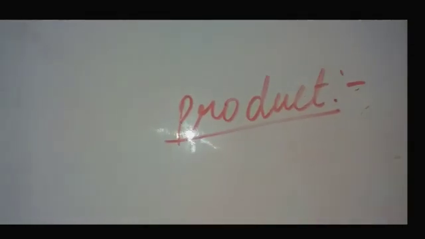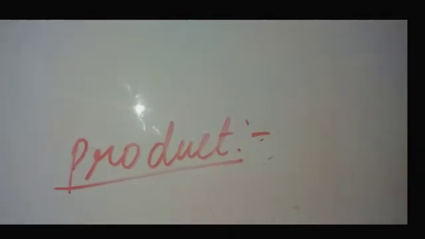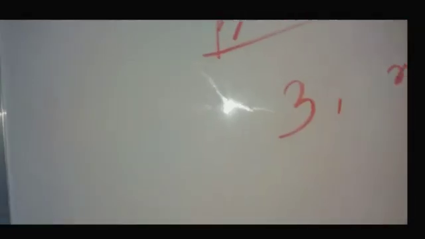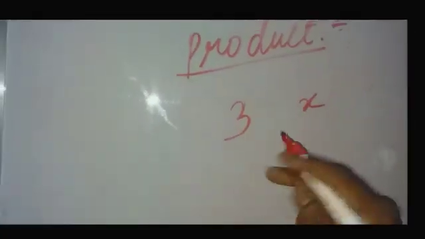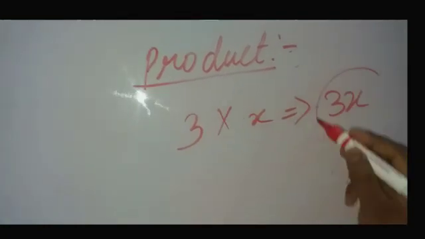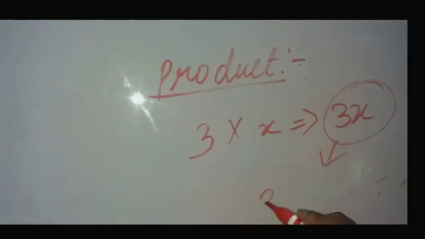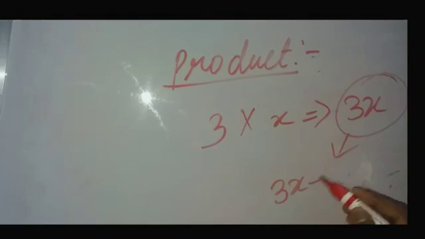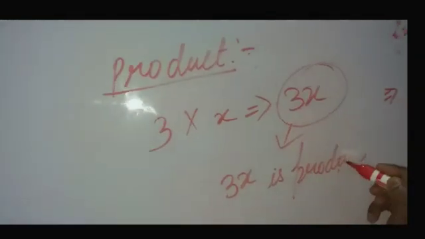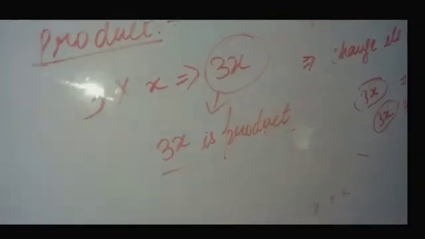When two or more constants or literals are multiplied together, then the result is known as product. Such as the constant is 3, variable is x. When we multiply 3 into x, then the result is known as 3x, and we say that 3x is the product. 3x is product of literals 3 and x.